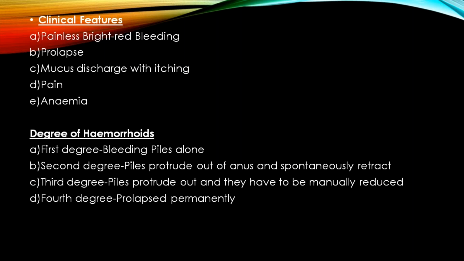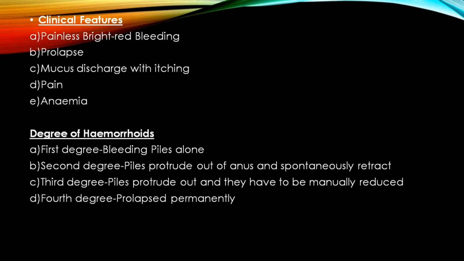So whenever there is strangulation, there will be thrombosis and the patient will have pain. Sometimes there will be anemia also. Anemia is a rare feature because till that time the patient will not come to the hospital. Usually whenever there is bleeding per rectum, the patient will come, but some patients who neglect their health will have anemia.